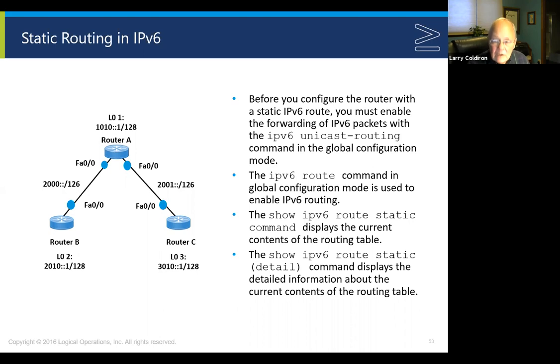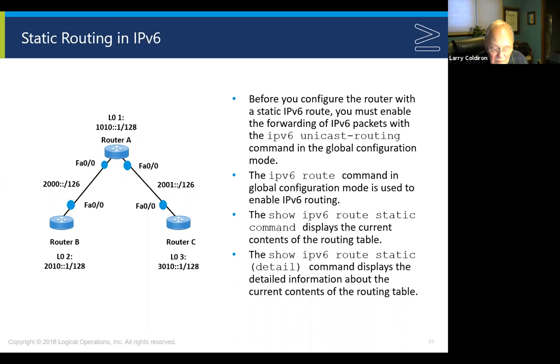IPv6 route command, not IP route, IPv6 route. And then when we want to look at it, show IPv6, we have to specify IPv6 for everything that we do in this. The IPv6 route command is in global configuration mode, then show IPv6 route static command, show IPv6 route static detail. We'll see different amounts of information in each of those.